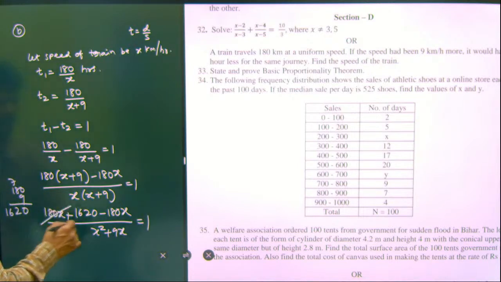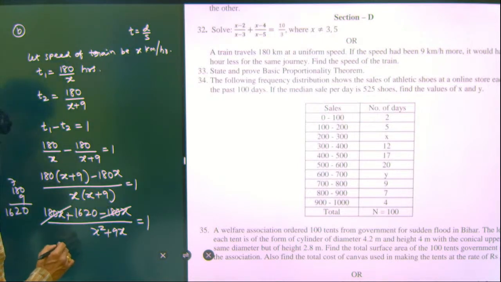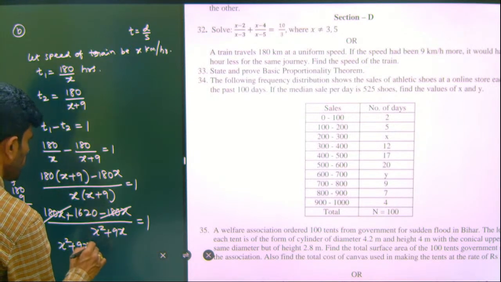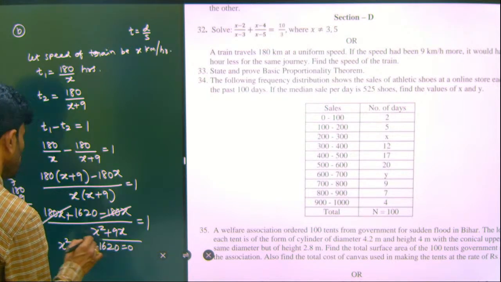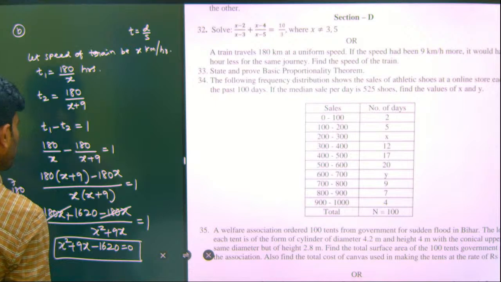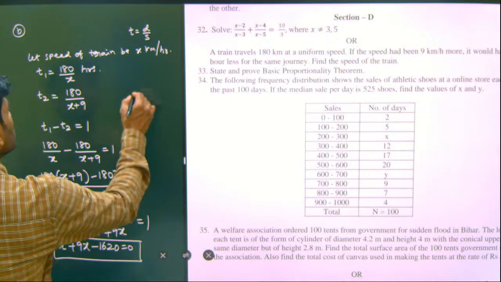Here 180x minus 180x cancel, then we get the equation x square plus 9x is equal to 1620. If you transpose 1620 to this side, minus 1620 is equal to 0. This is the quadratic equation. We have to solve this quadratic equation.